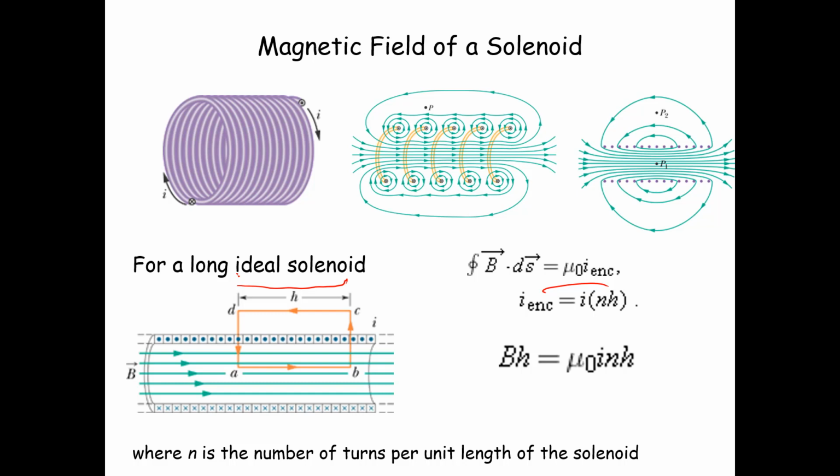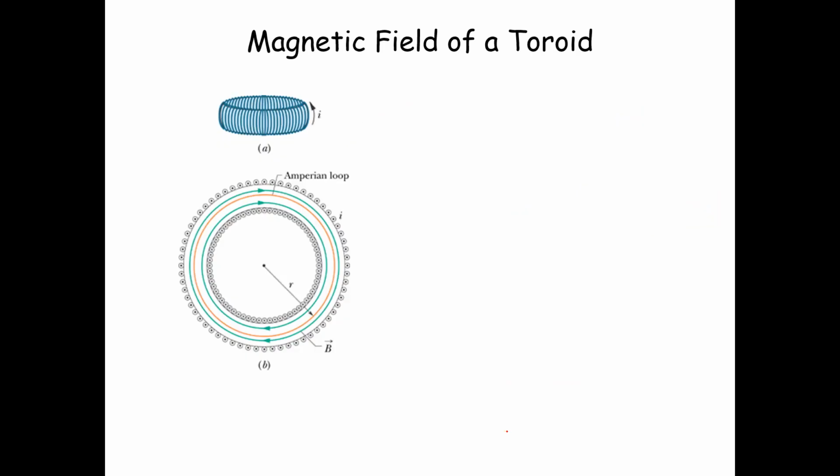So Bh is equal to mu 0 I N h, so B is equal to mu 0 I N. This is the ideal solenoid. So the total magnetic field in a solenoid is only determined by the current and the number of turns. It's not related to the length of the solenoid.